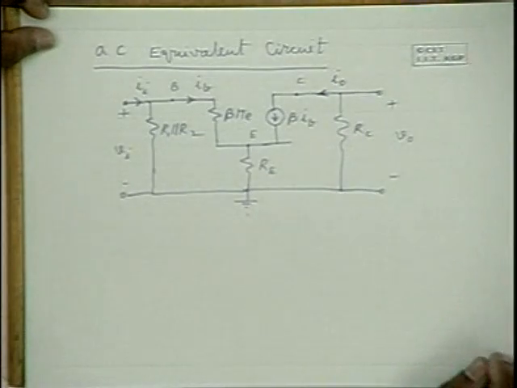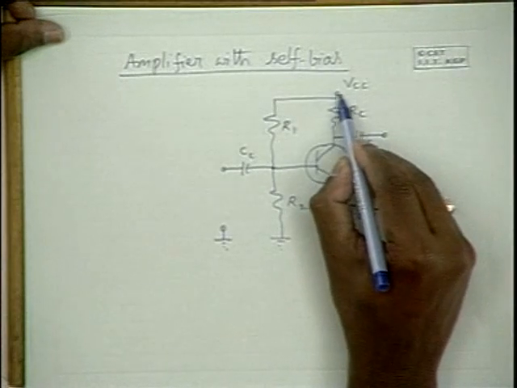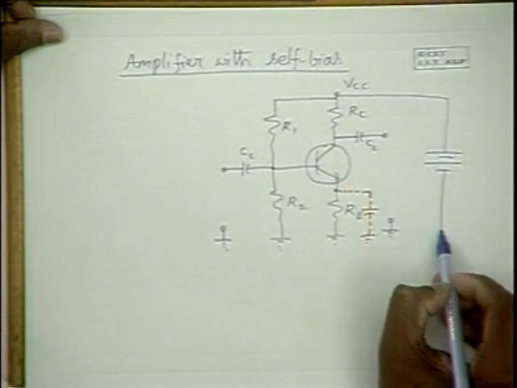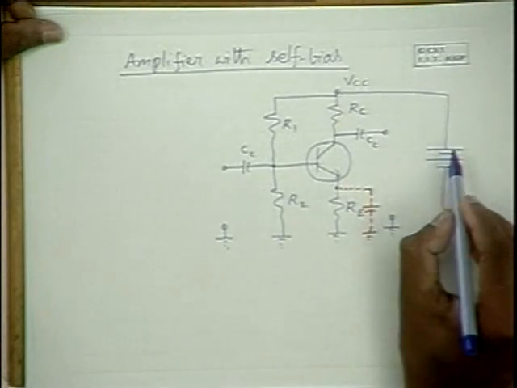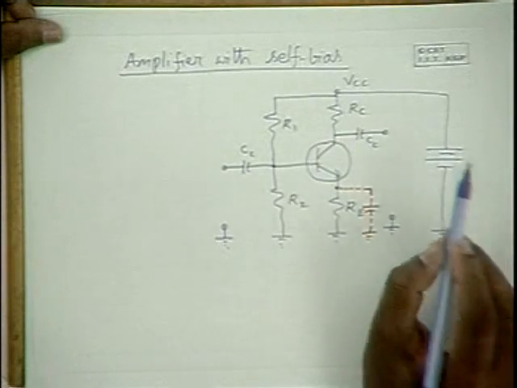This is the equivalent circuit of the amplifier circuit shown here. Please note that the supply is here, and the supply is a short circuit for alternating signals.